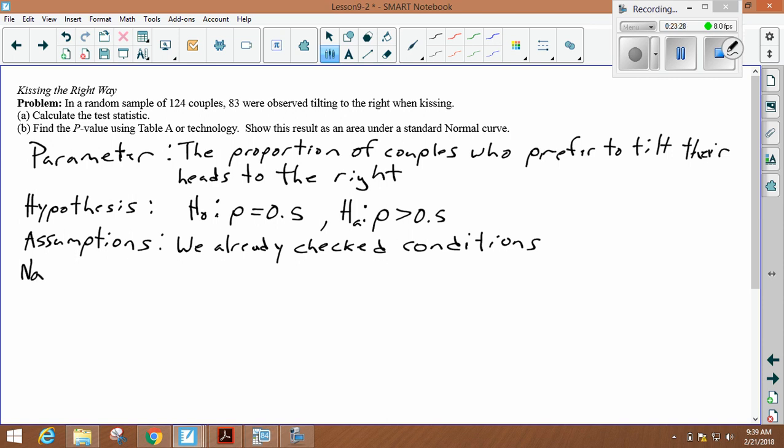This was named the test. So we're going to use a one proportion.